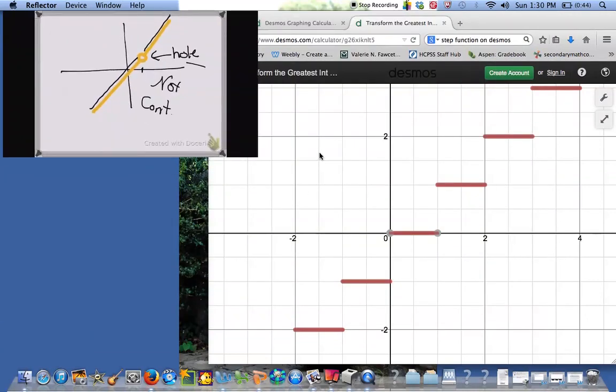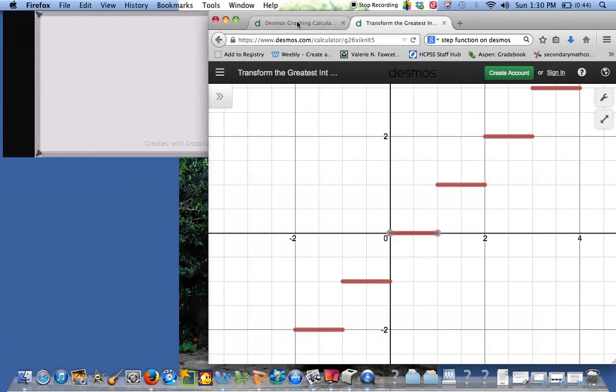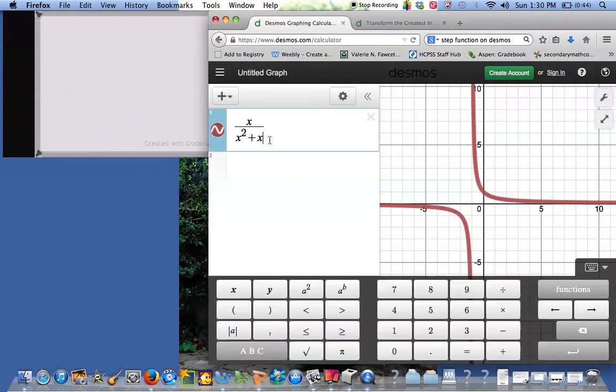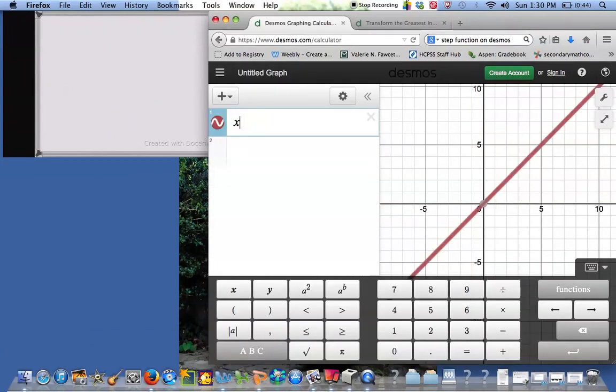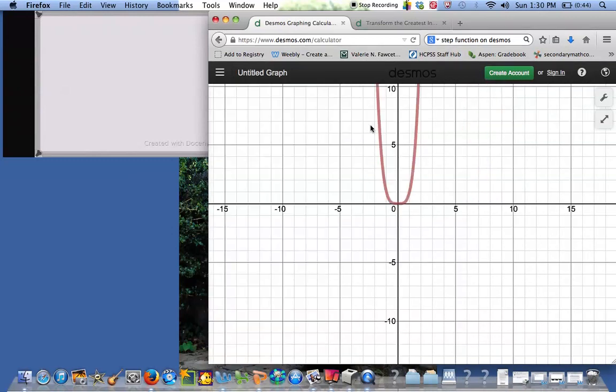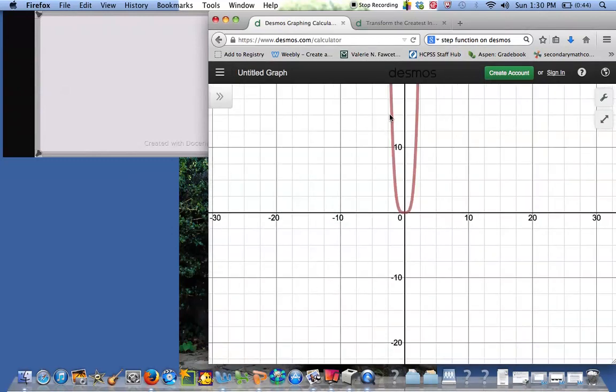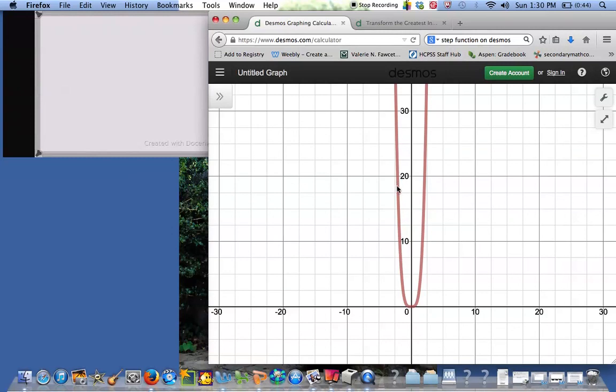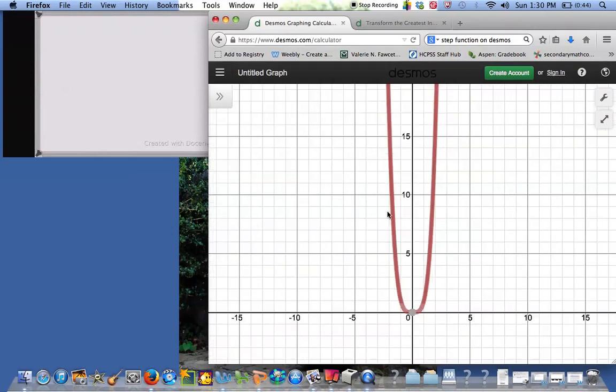So let's go back to Desmos and look at x to the 4th. If I zoom out, you can see that it's continuous. There are no breaks. It goes on and on forever. So this would be continuous on all real numbers.